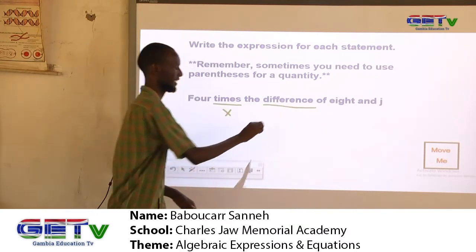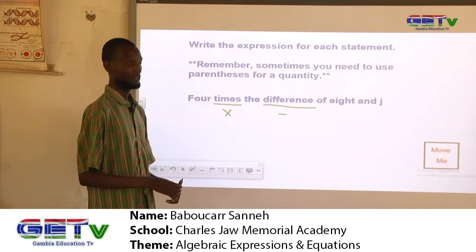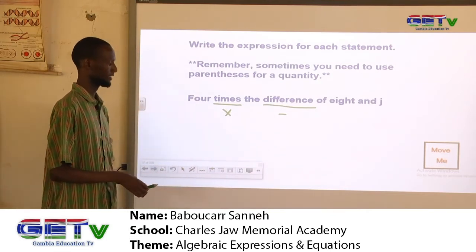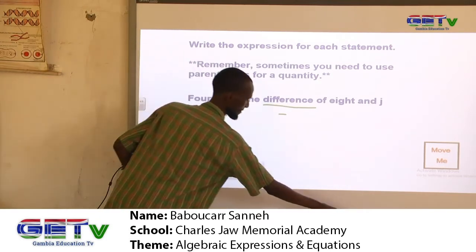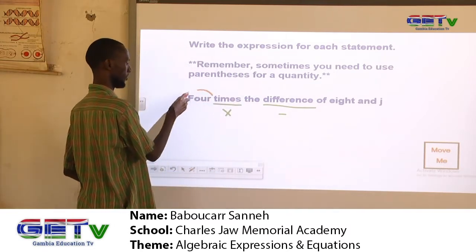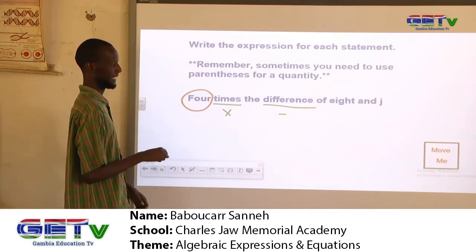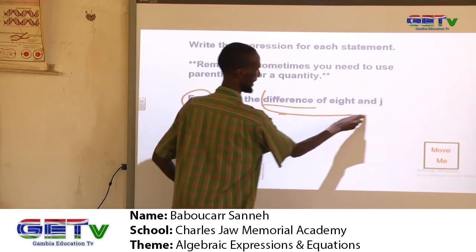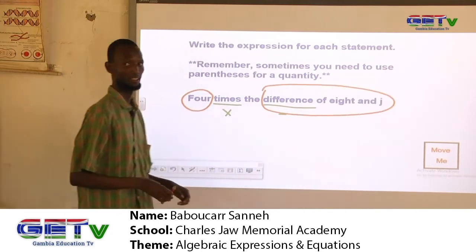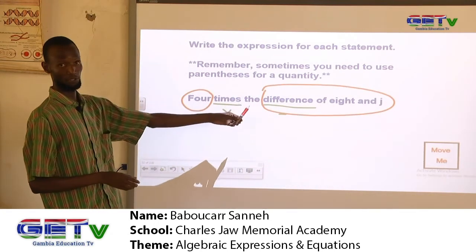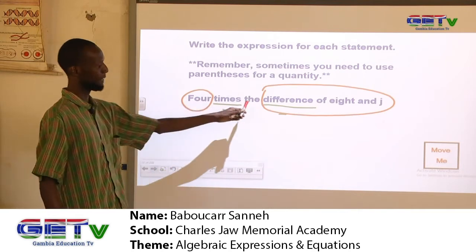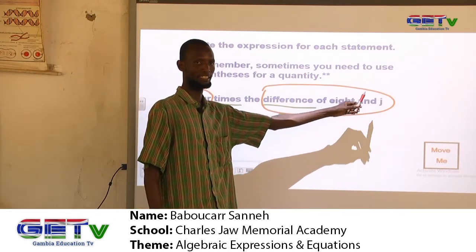Difference indicates a subtraction. So we know here we are simply multiplying this 4 by the difference of 8 and j. That's all we are doing.